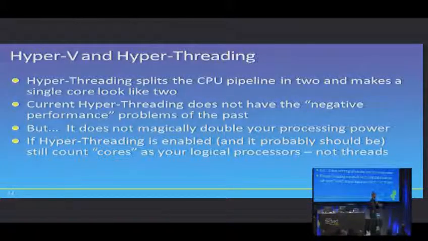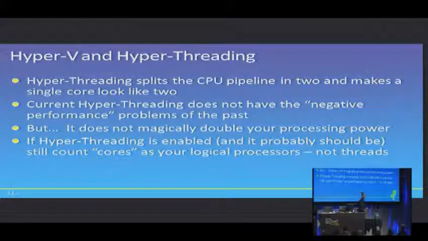So you're not going to see this wave of people saying, hey, turn it off, it's causing performance problems. That said, the new hyperthreading does not magically double your performance. It is simply a technique for allowing software that isn't written to take advantage of Intel's new processor architectures to get better performance. Well, guess what?